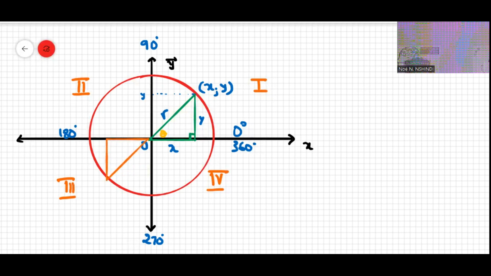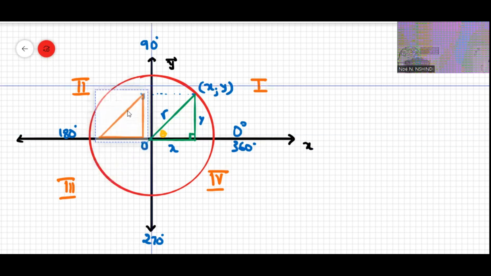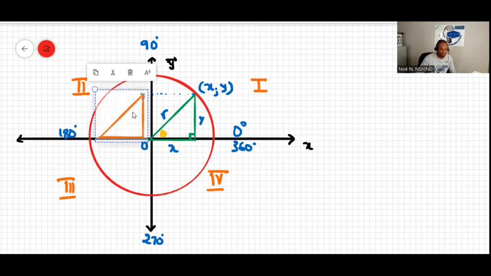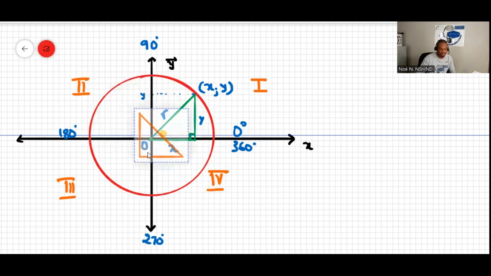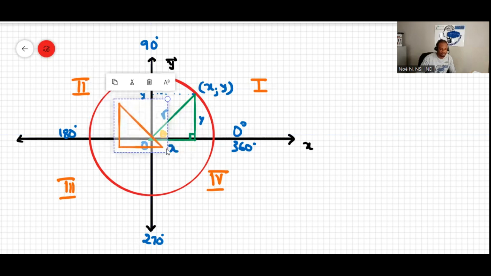So it can be there, or it can also be on the other side. So we can also place it a little bit reversed. Yes, this way. The angle can be like that. Or let's reverse it again.